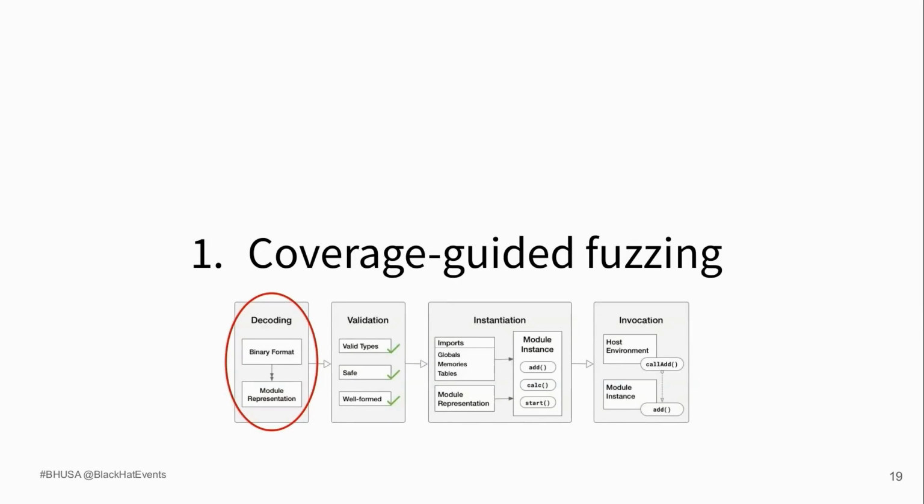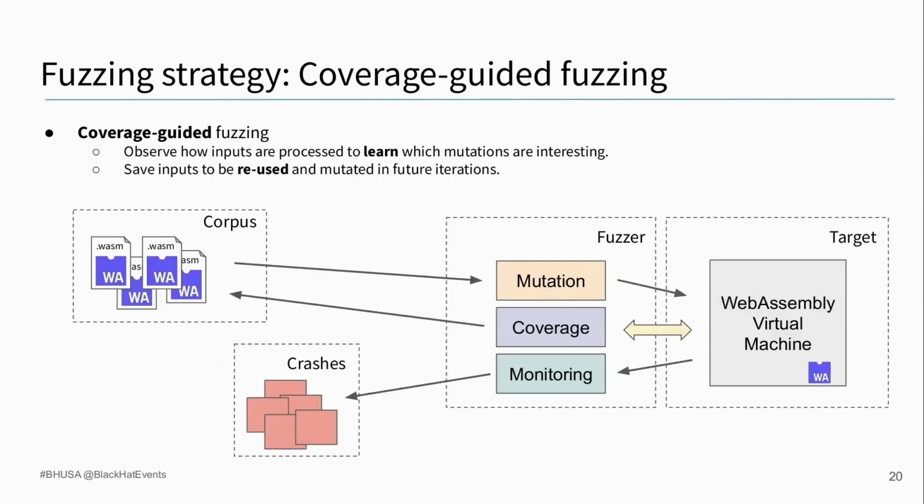So the first technique I used was coverage-guided fuzzing. It's pretty easy. The main reason is that the first stage is the decoding of a binary, so coverage-guided fuzzing suits it pretty well. The main goal for us will be to provide a corpus that contains WebAssembly modules to a fuzzer.